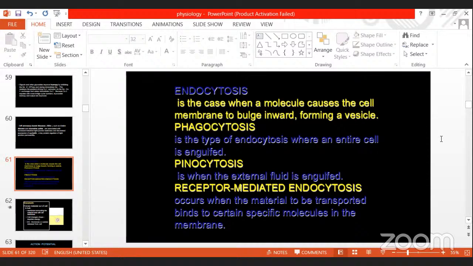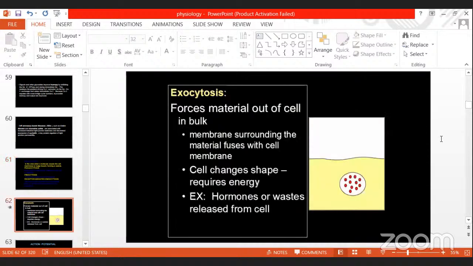Then exocytosis, which forces material out of the cell in bulk. There is a membrane surrounding the material which fuses with the cell membrane and releases it to the exterior of the cell, like hormones and waste materials.